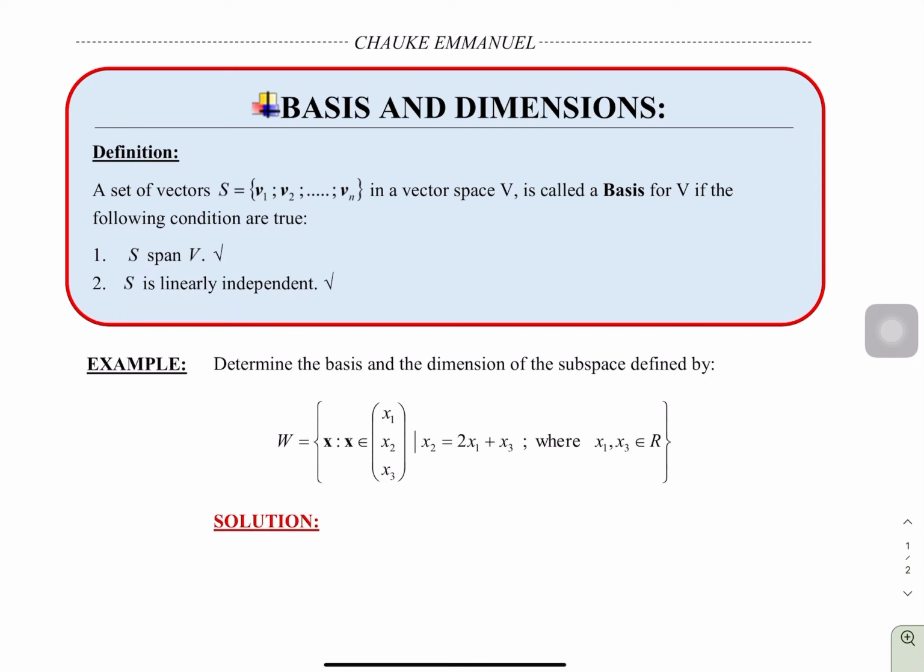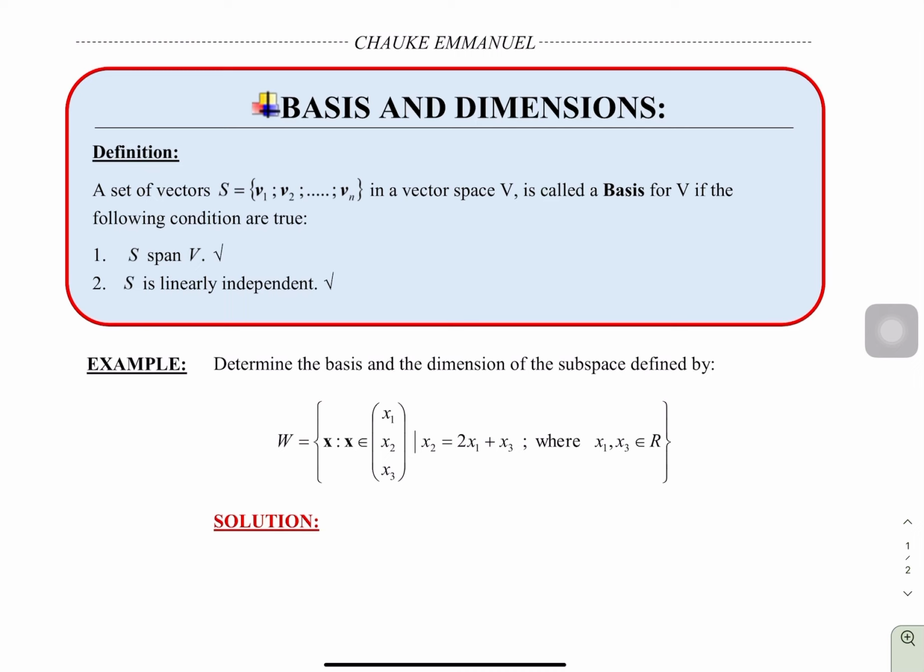So if we say S spans V, we are saying that you need to be able to write the set of vectors V as a linear combination of those that come from the subspace, which I presume you are well briefed on, the linear combination and linearly independent and dependent.